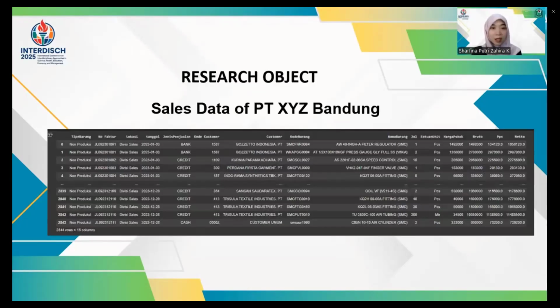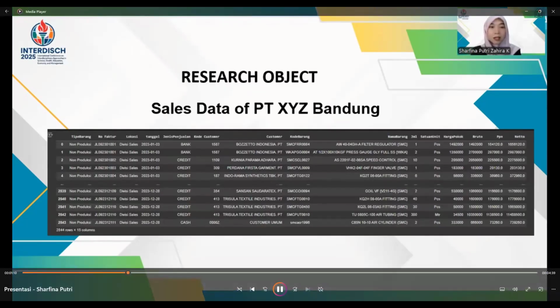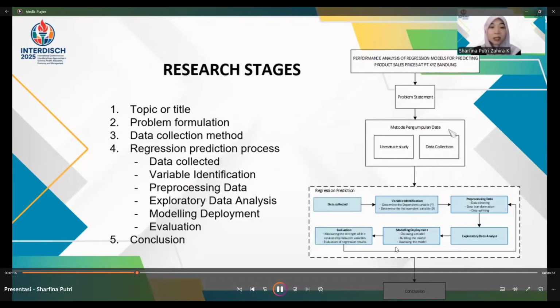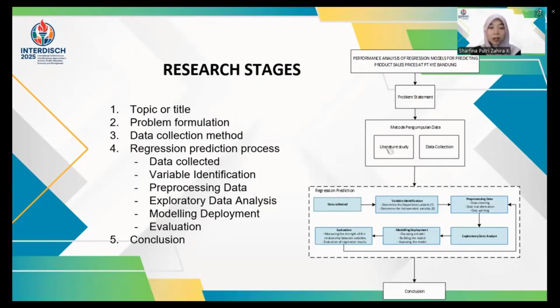Next, research object. The object of this research is the sales data of PT XYZ Bandung products in 2023, which amount to 2,044 data. Next, research stage. The study began with determining the research title, identifying the problem, followed by a literature review and data collection.